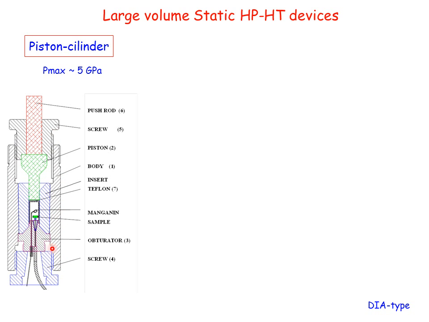So it's a cylinder geometry, and then it can be more or less complicated depending on what you are going to put in the sample chamber. You can have here a manganese resistive device just to measure the pressure, but you can also have heating facilities or windows for optical measurements.